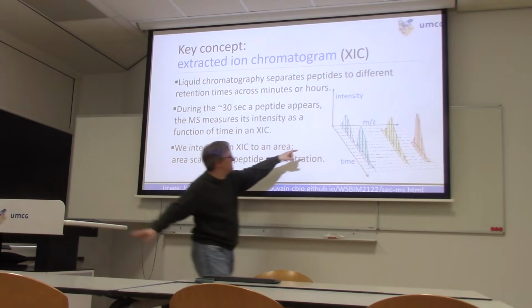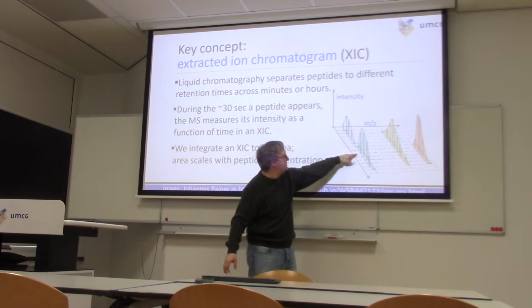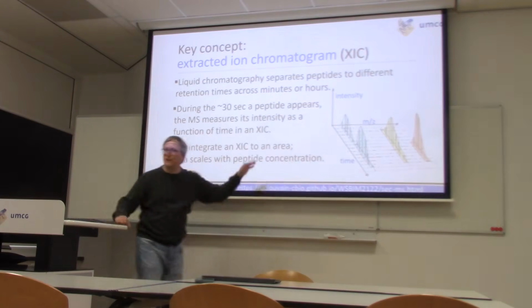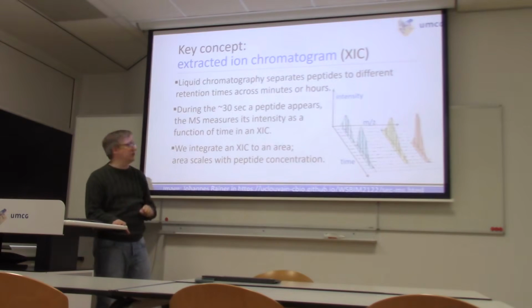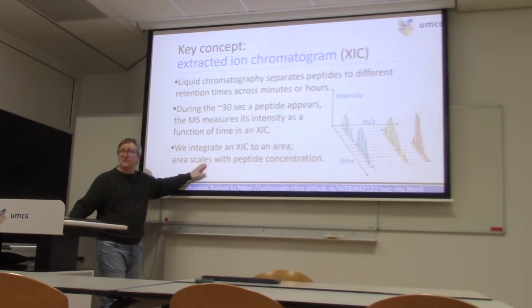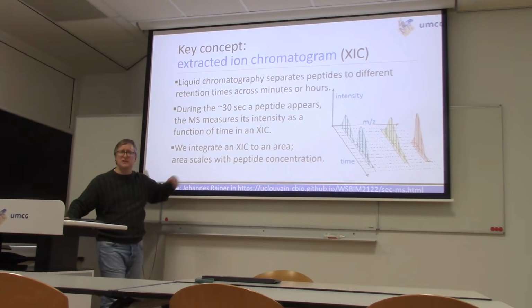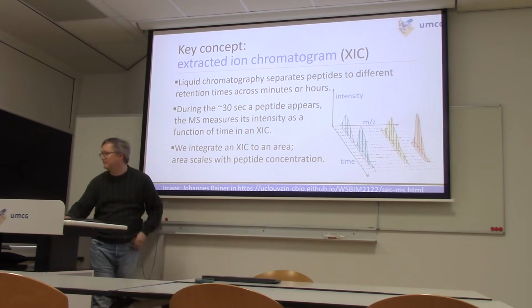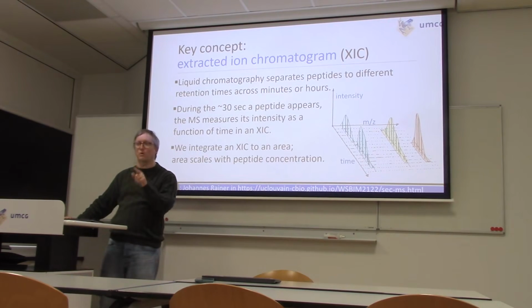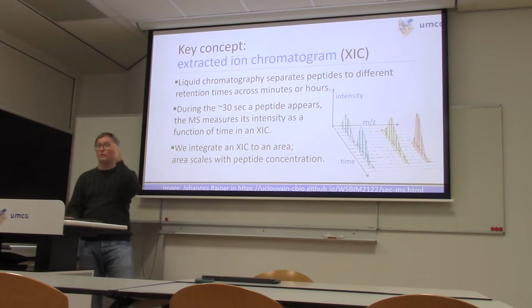We're able to trace its intensity from the MS scans as a function of time just during the interval it actually appears. We typically would try to integrate that signal to make an area. The area would give us some indication about quantity. But we don't compare quantities among peptides. We look at it for this peptide.